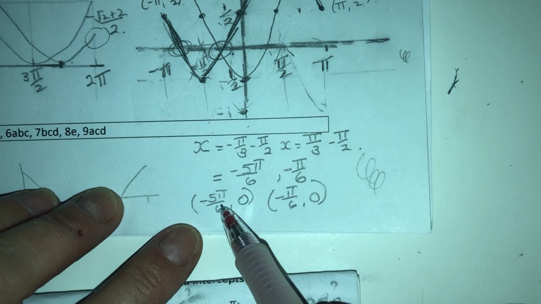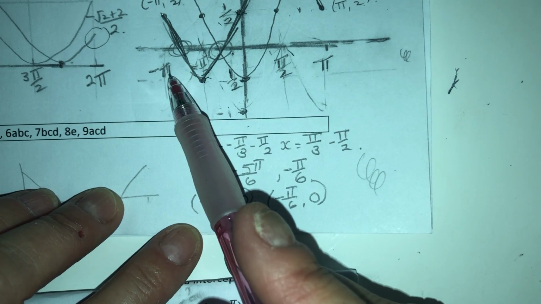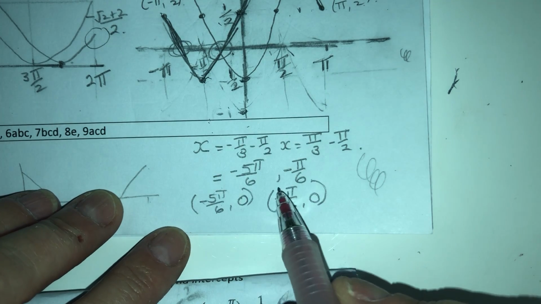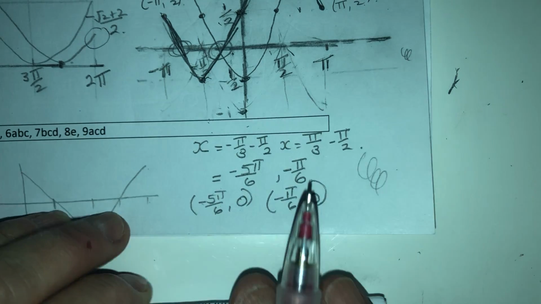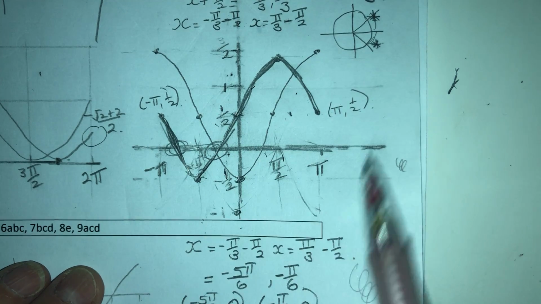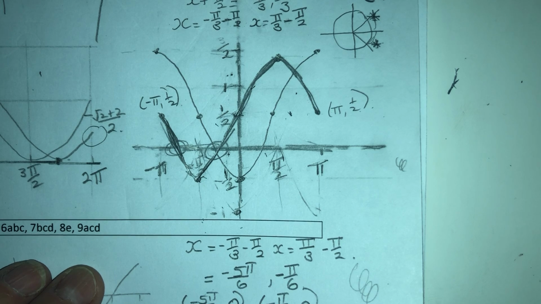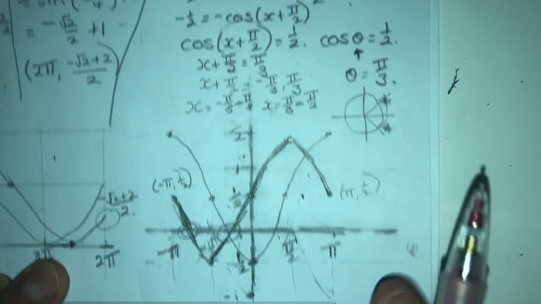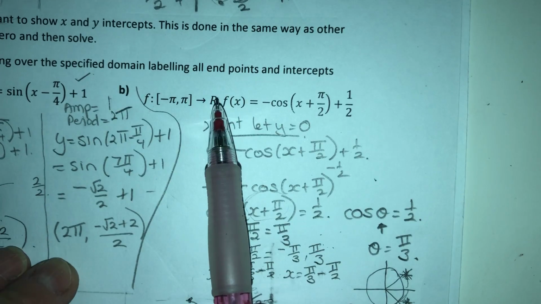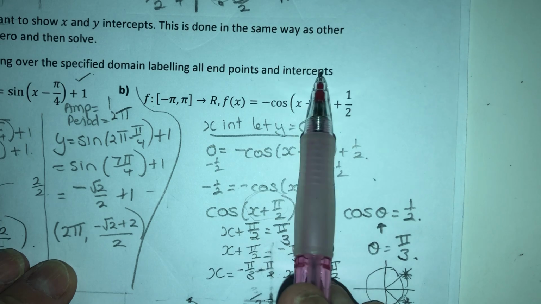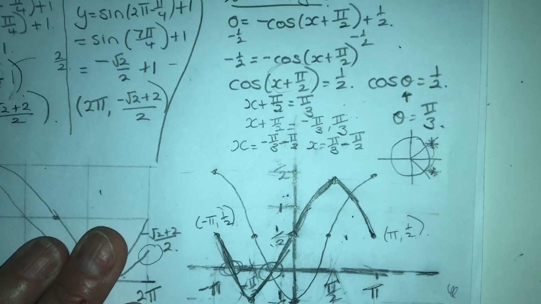And negative 5 pi on 6 is almost negative pi, so it must be this point. Okay, so they're your 2 points. Hopefully your graph looks not as messy as mine. I'm very sorry about the way it looks. And you can put these values into your graph. So just be careful that you always read the questions. So this one says labelling all endpoints and intercepts, which is now what we've done.